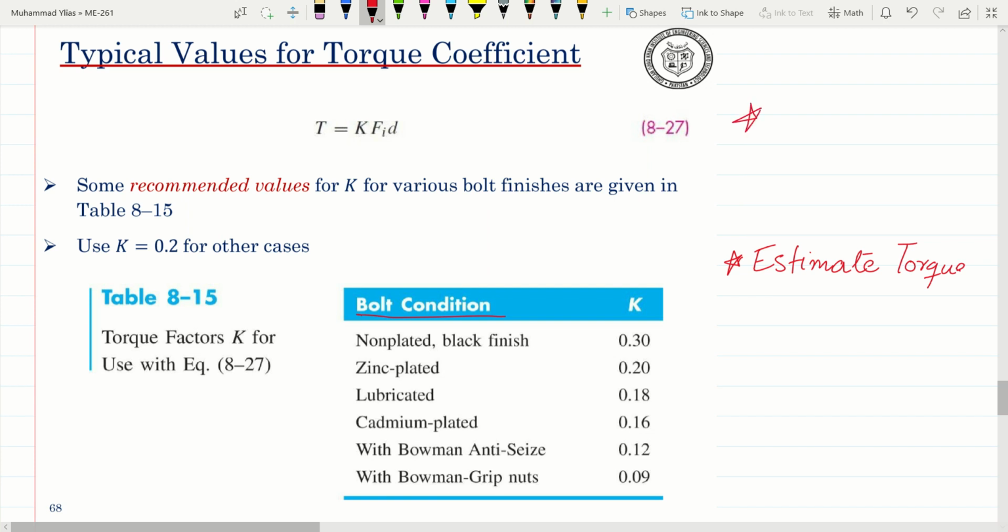And if I use the terms such as calculate, equations 8-26 and 8-27 will be applicable.